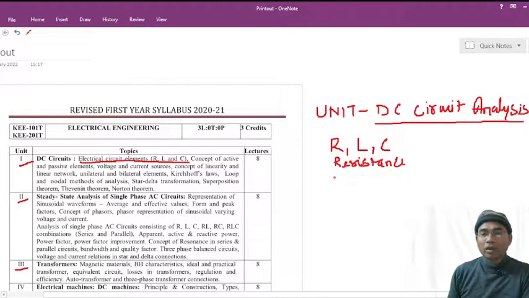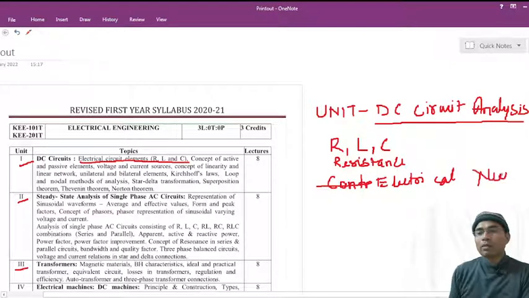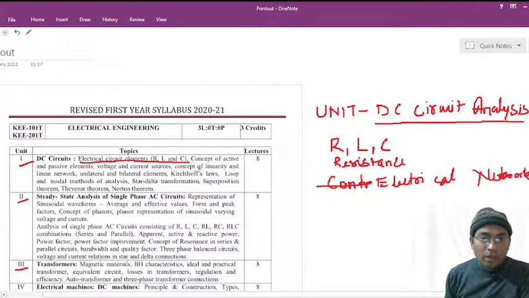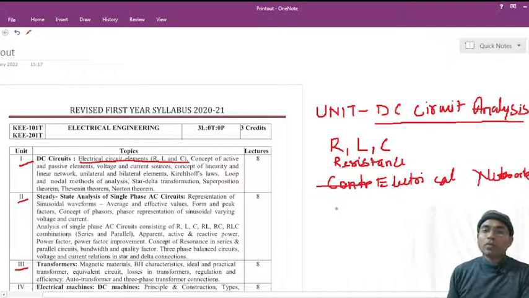You will learn about resistance, inductance, and capacitance in this unit, and then you will have some knowledge about the electrical network, when any network is termed as an electrical network, and some properties of the electrical network. You will also learn how the elements of the electrical network can be categorized in different categories. One category is given here, active and passive elements.